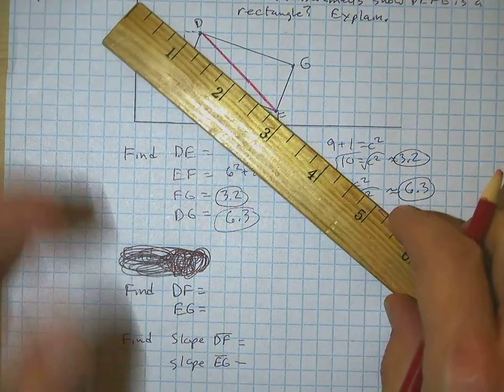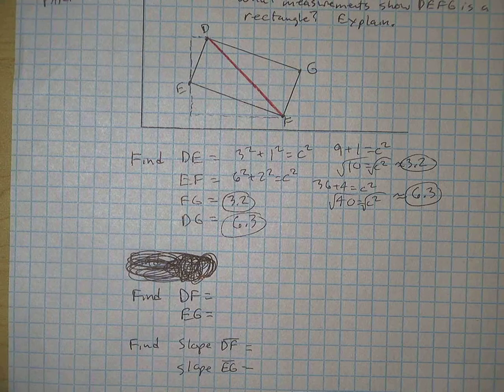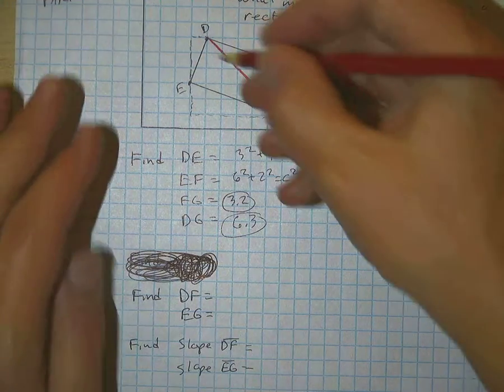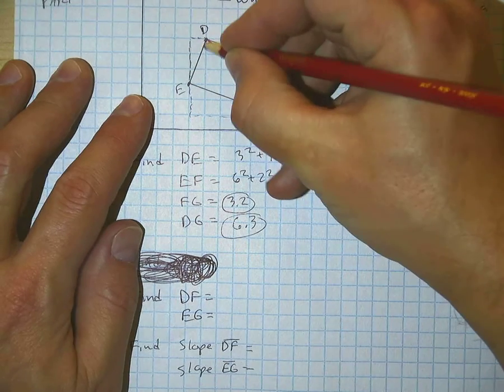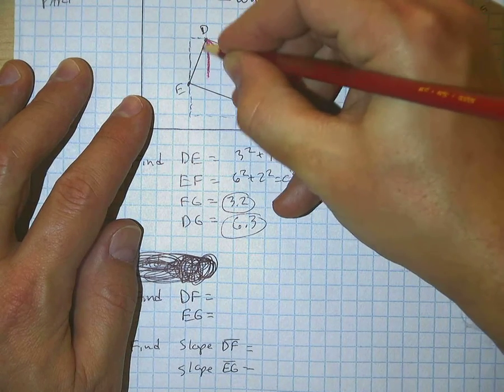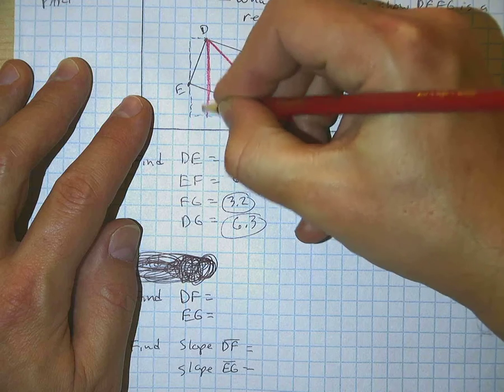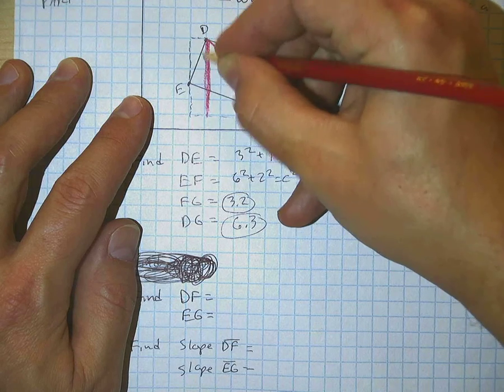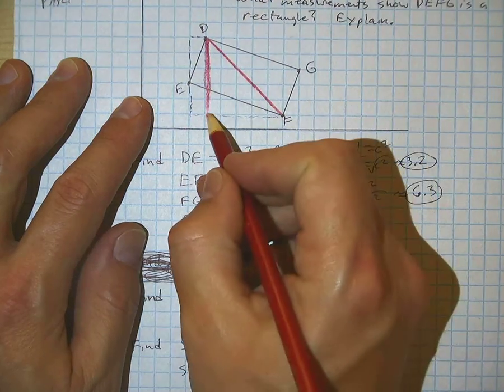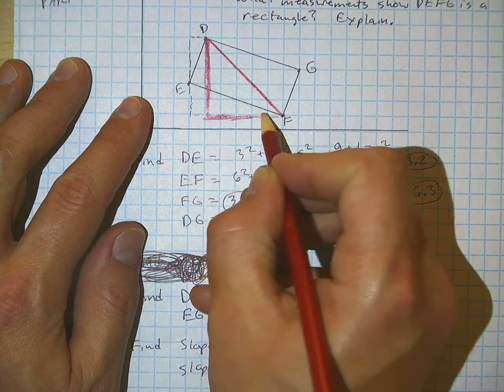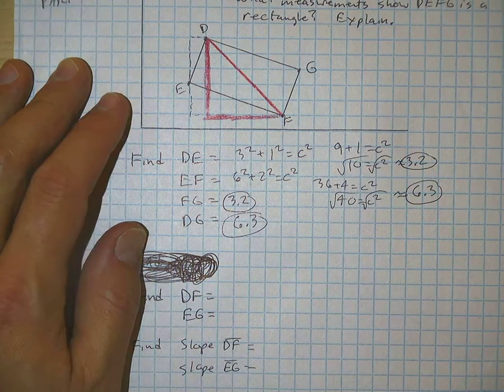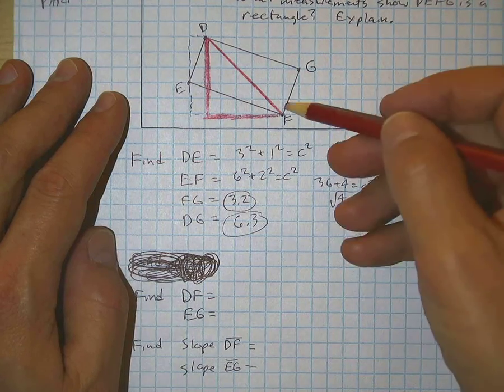All right. And if I want to find the length from D to F, I make my own little triangle right on the line here, straight over. My colored pencil isn't very sharp here. So I'm going to count over.